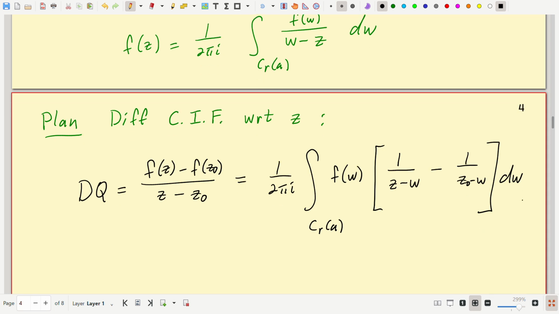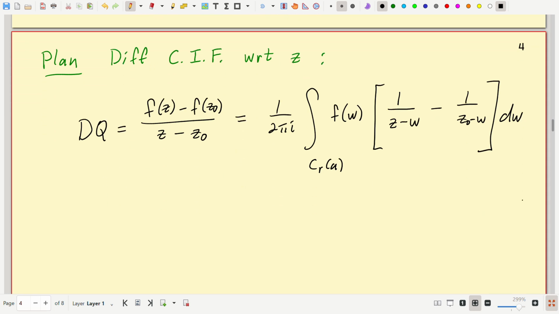Oops, I haven't divided by z minus z naught yet. I'll slide that z minus z naught in here. That's just a constant in the integral because the integrals are with respect to w.